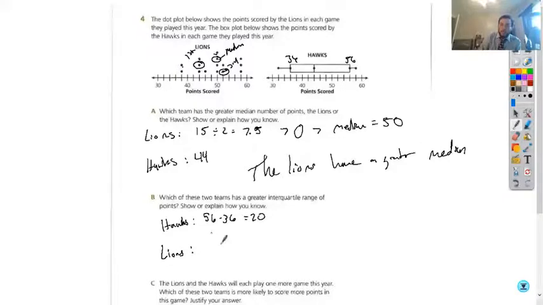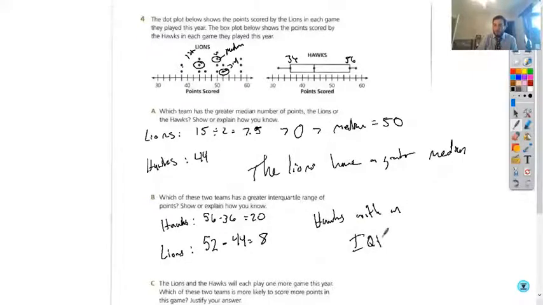So here we take the 3rd quartile, which is 52, and we subtract from it the 1st quartile, which is 44, which gives us a range of 8. So it says, which of these two teams has a greater interquartile range? It's the Hawks with an IQR of 20.